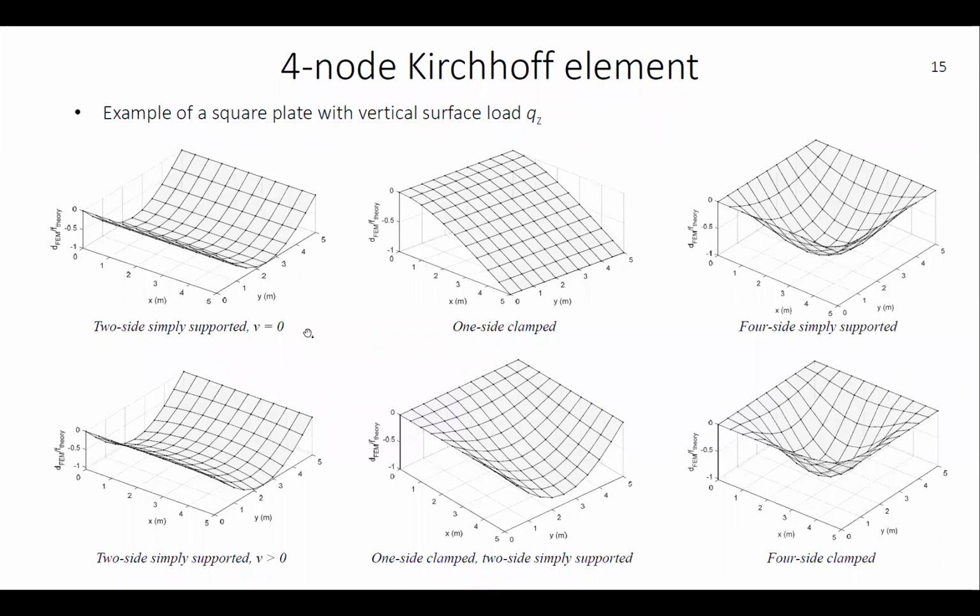If we look at a cantilever beam, so it's a one-side clamped plate, slab, forcing boundary conditions for both displacement and rotations along this line, it will also fit very well with the theoretical values of just a cantilever beam.